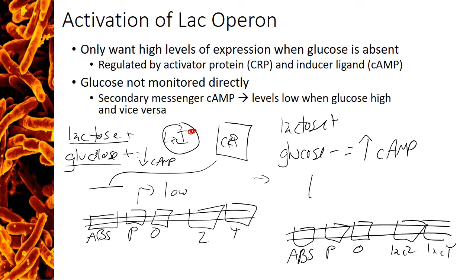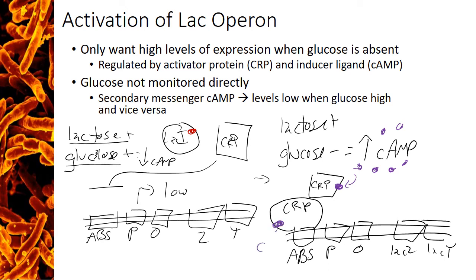Remember, we had our CRP protein, and now that cyclic AMP has increased in the cell, cyclic AMPs are little purple dots, cyclic AMP is able to bind to CRP. That changes its conformation, and allows it to bind to the DNA.